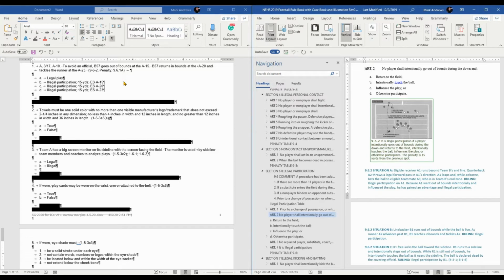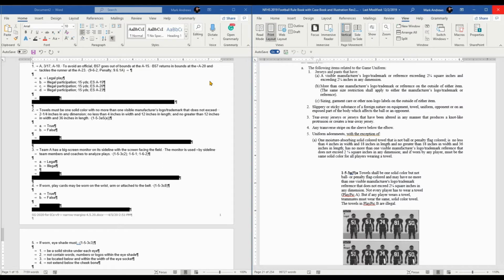And this is definitely a running play. The enforcement spot for a running play is always the end of the run. So in this case, the run ended at the A23. We're going to penalize an additional 15 yards from the A23, so it's going to be A's ball on their own 38-yard line.